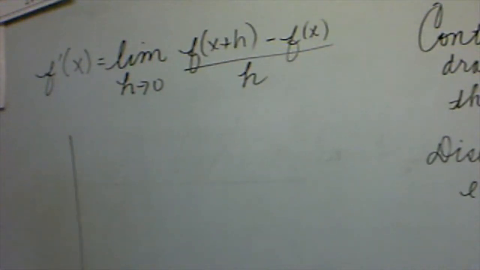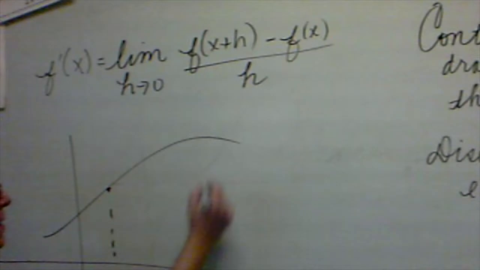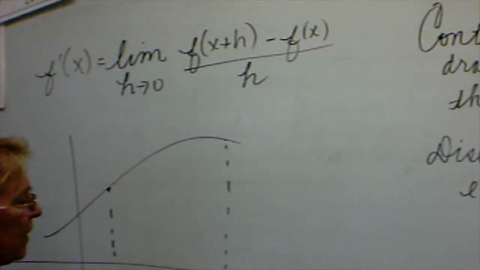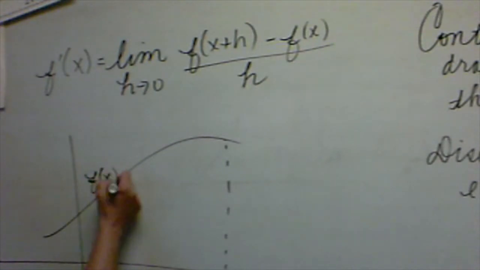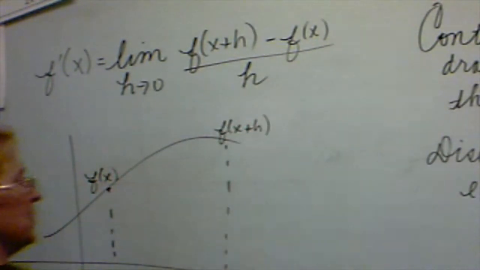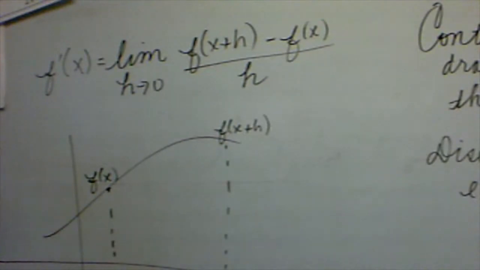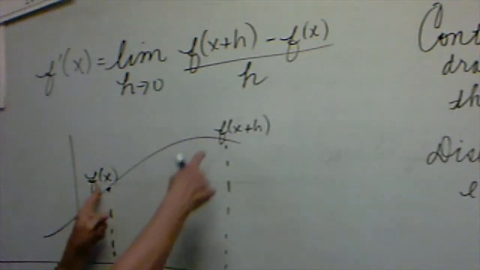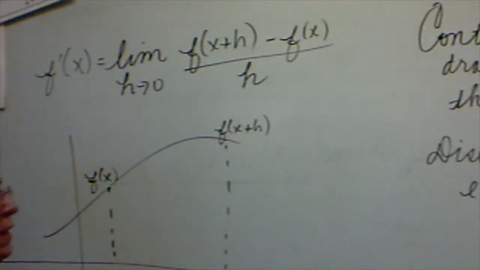What this means pictorially is that we have a function, and here it is at x, and here it is at x plus h. So here's f of x, the output. Here's f of x plus h, the ending output. And our goal is to bring the h closer to 0 so that these points get closer and closer together.